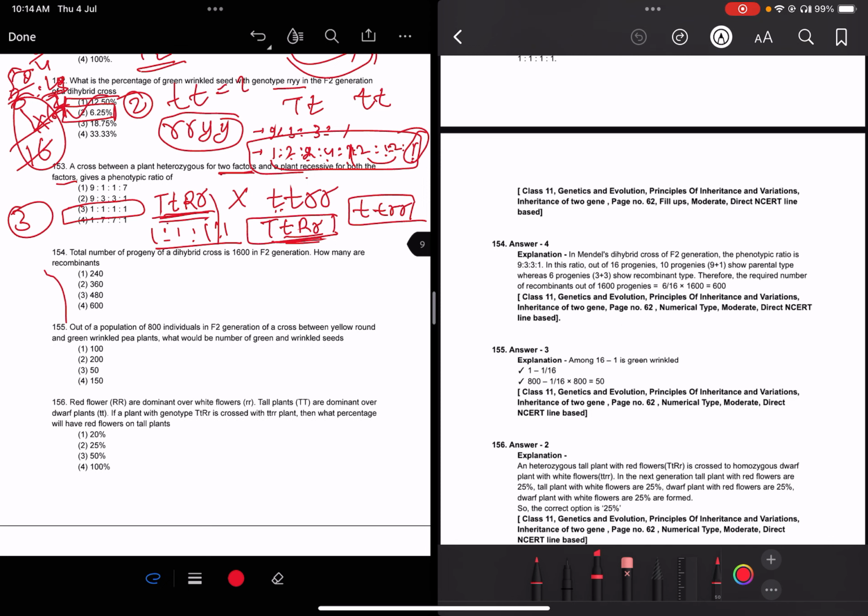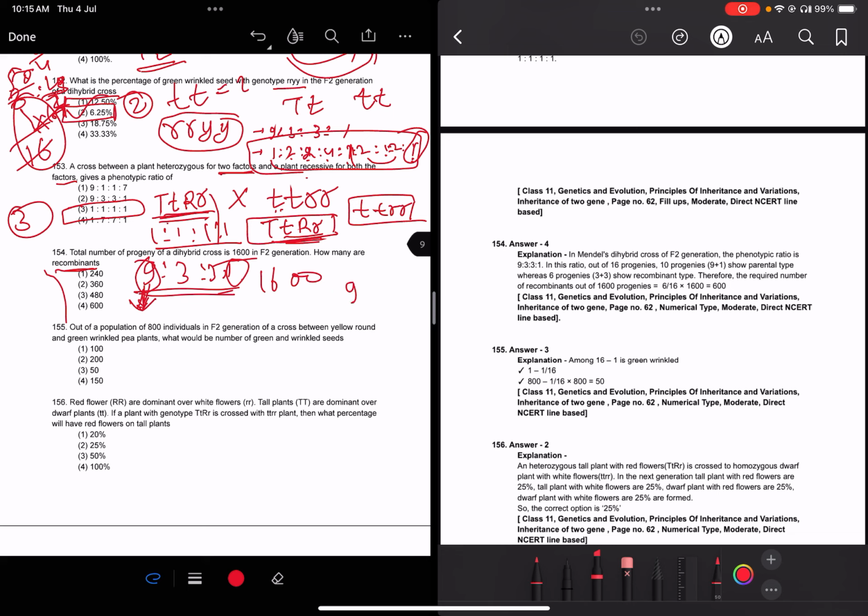Now read question 154. The total number of progeny in a dihybrid cross is 16,000 in the F2 generation. How many are recombinant? In a dihybrid cross the phenotypic ratio is 9:3:3:1. Here 9 and 1 are the parental types, where 9 is the completely dominant trait. When we do a dihybrid cross between two traits, one parent is completely tall and the other completely dwarf, with another feature.